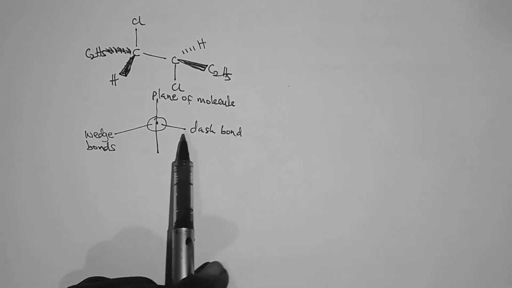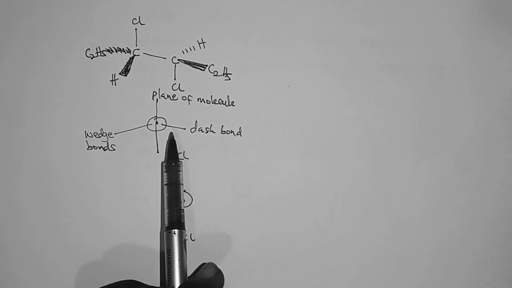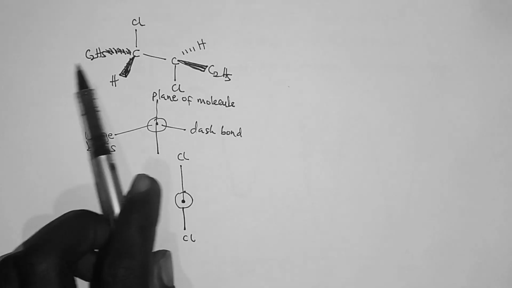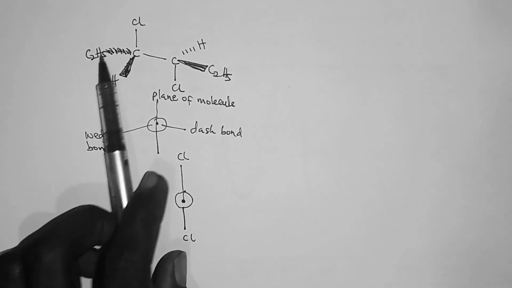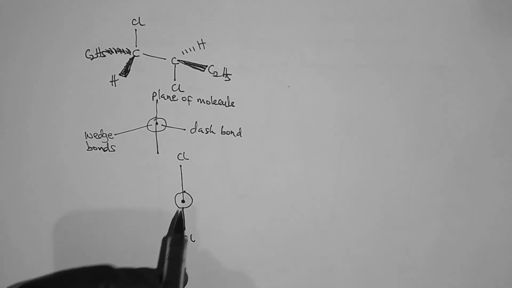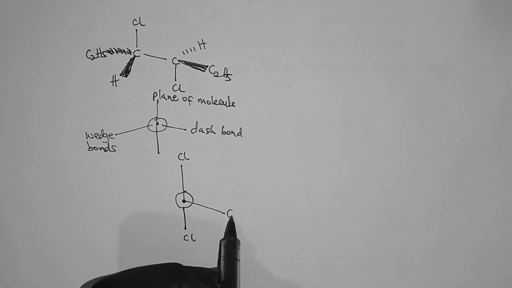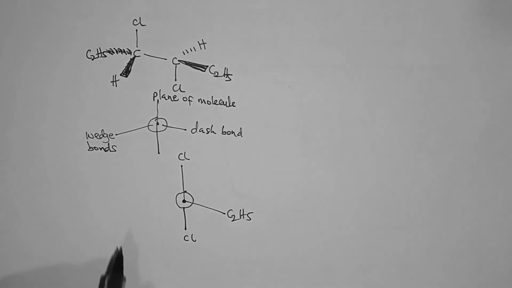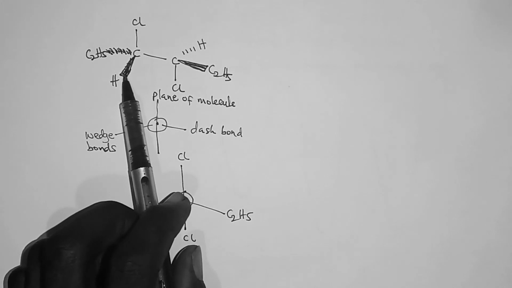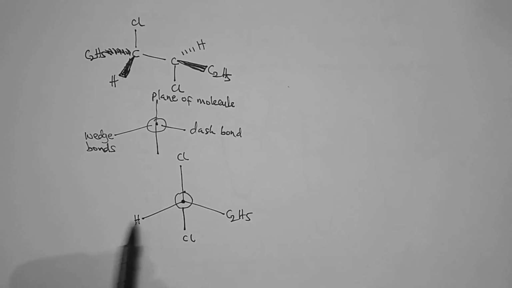Now, then we say that those that are on the right hand side are the dash bonds, which are the bonds that are going into the plane of the molecule. So the group that is going into the plane of the molecule is the C2H5. So it means that here is going to be C2H5. And then what is coming out of the plane of the molecule is the proton. And that one is supposed to come on the left. So there is a proton here.